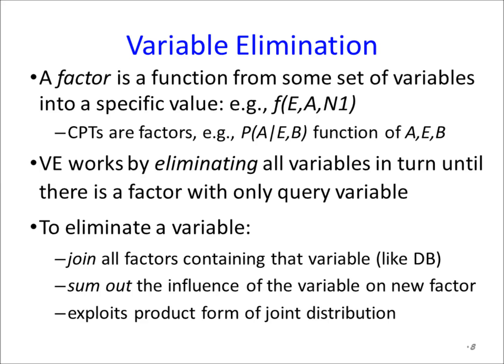I look at this factor, this has A in it, I will take that. I look at another factor, it doesn't have A in it, I don't care. So I collect all the factors which are a function of A, and then I join all the factors and sum out the influence of the variable. We will see an example step by step to get a sense of it. Because we know that the joint distribution is just a product, life gets easy. So Bayesian network semantics really helps us in performing this.